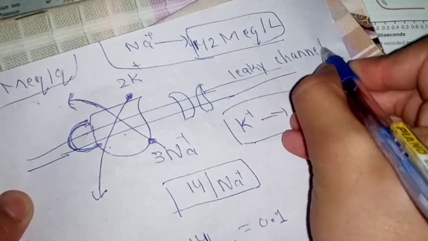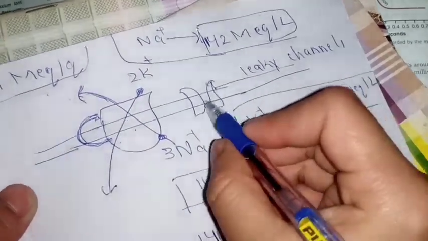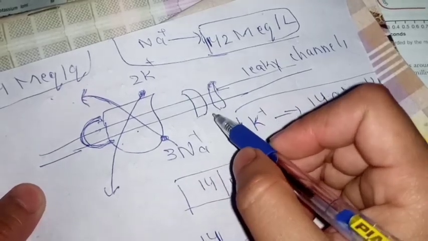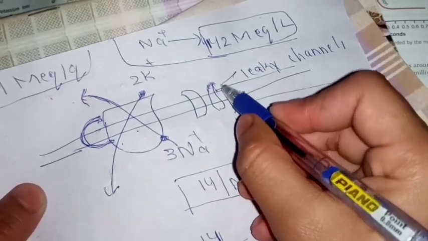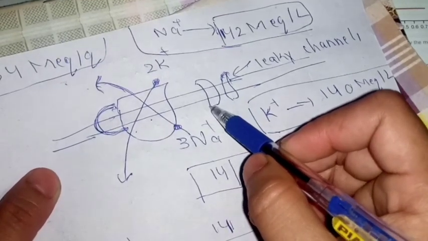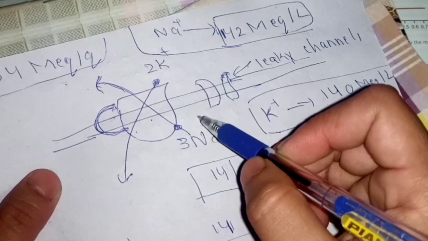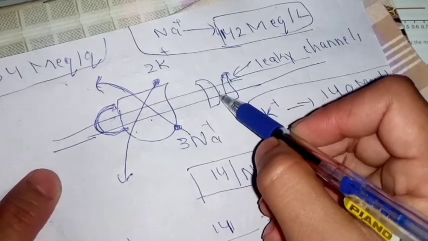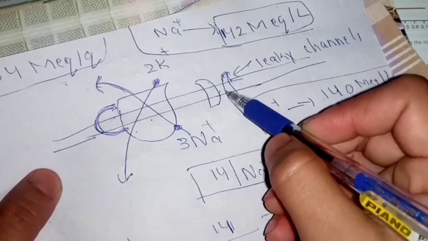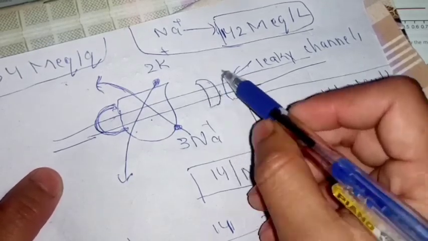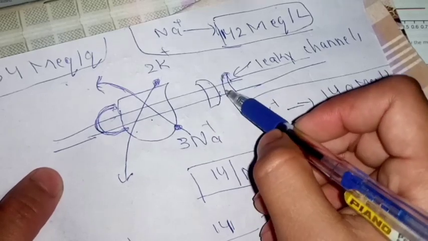This leaky channel is more permeable for potassium as compared to sodium. This leaky channel, also called the potassium leaky channel, is a tandem pore domain channel. It is 100 times more permeable to potassium as compared to sodium. So this channel is also responsible for the resting membrane potential to develop.